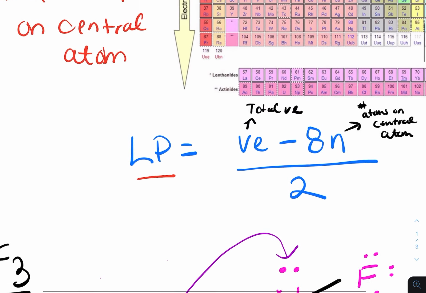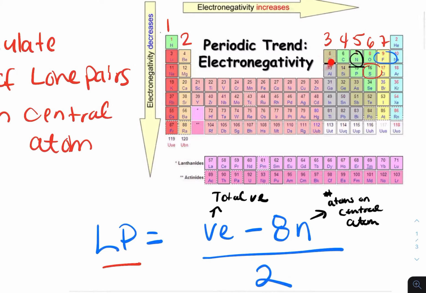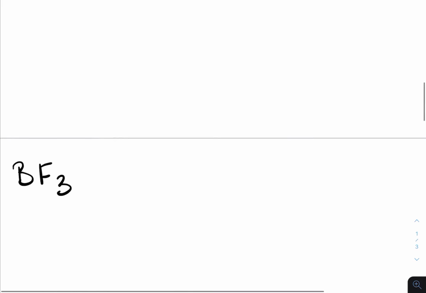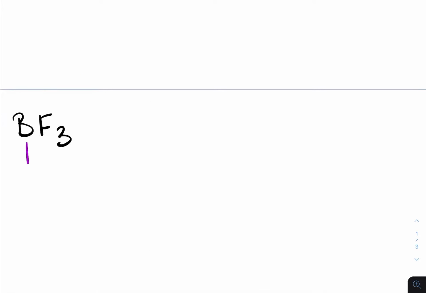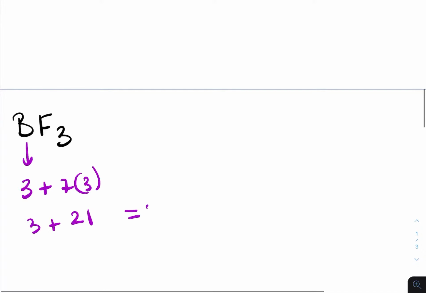Let's do BF3, boron trifluoride. If we look at the periodic table, we know boron is in group 3. So let's figure out the number of valence electrons. That's the first step. So 3 plus, we just established that fluorine is 7, but there are 3 of them, so it's 21. So 3 plus 21 is 24.